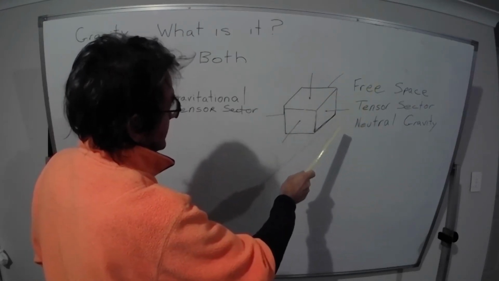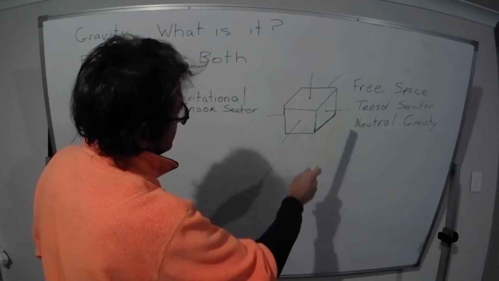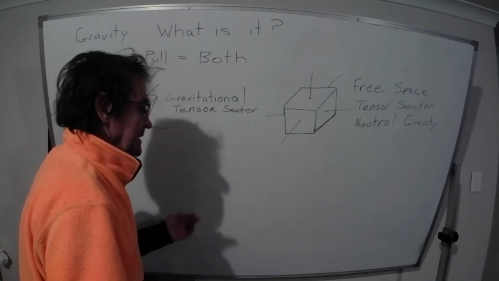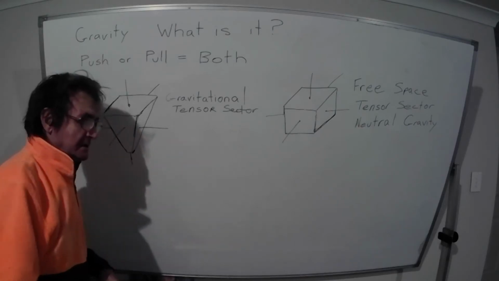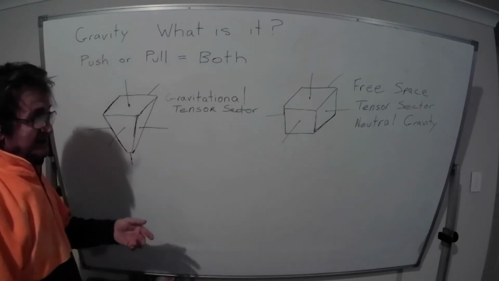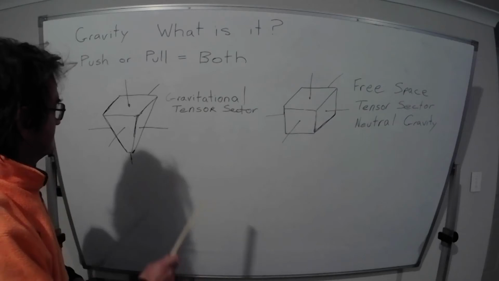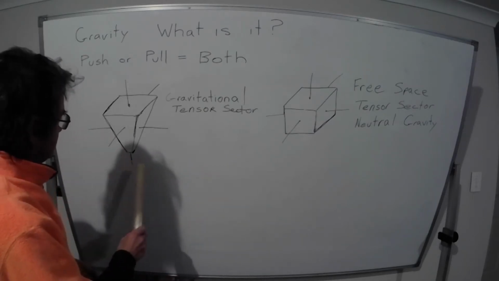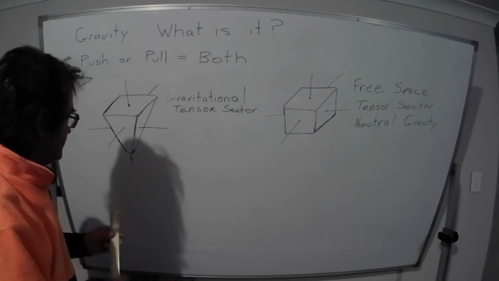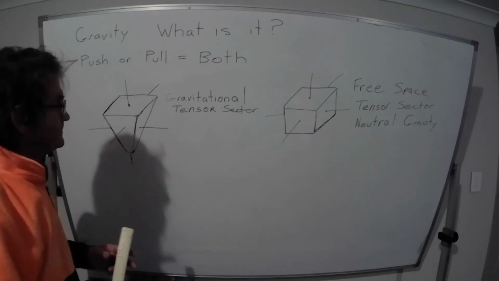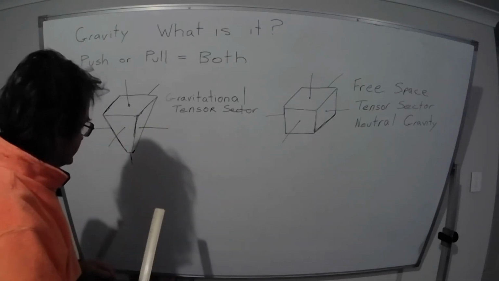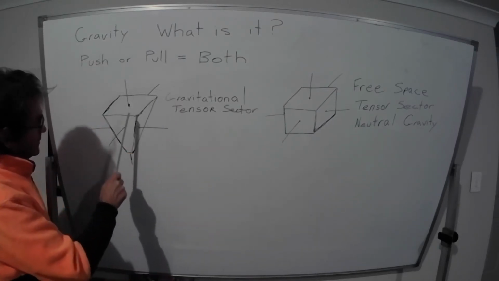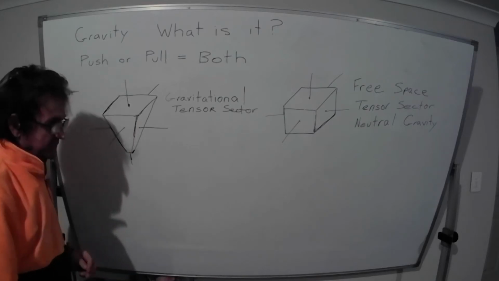Now when this sector comes in contact with a near field, a large object, a planet, moon, even a large asteroid, anything, it will start to distort like this. This is actually something that would be represented near a black hole. Depending on the size of the black hole would depend on the angle that this pyramid forms.